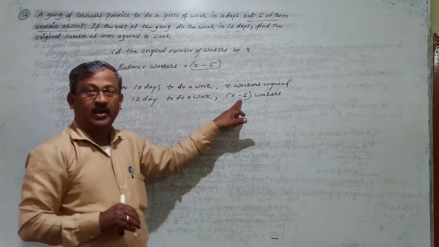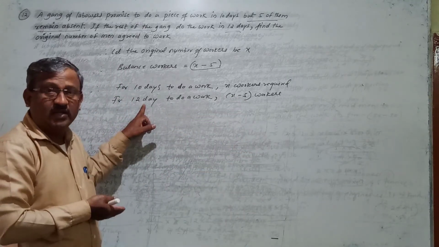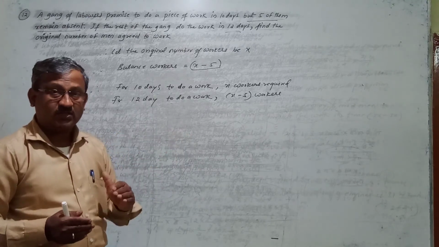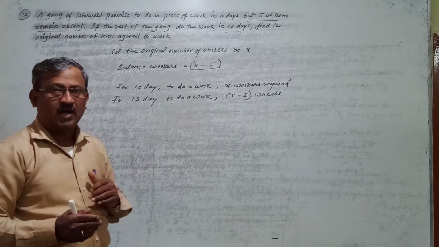We have to employ less workers. If you employ more workers, that work will be completed in less than 12 days. So if you want to do a work in more number of days, less workers are required, and if you want to do the work in less number of days, more workers are required.